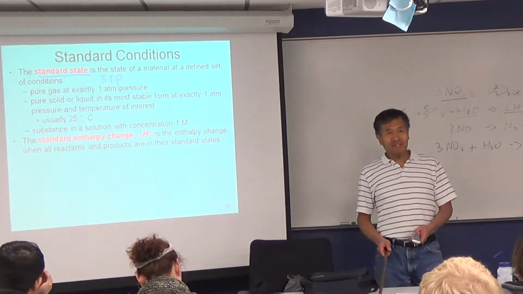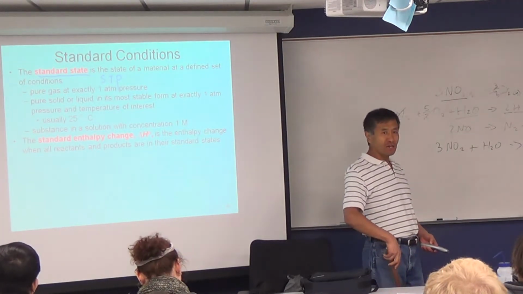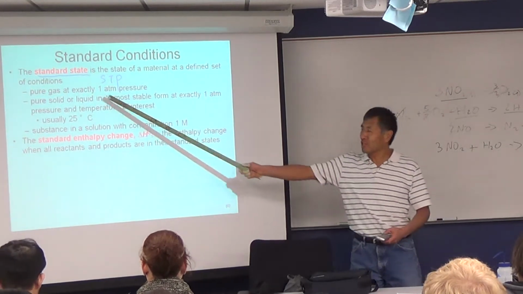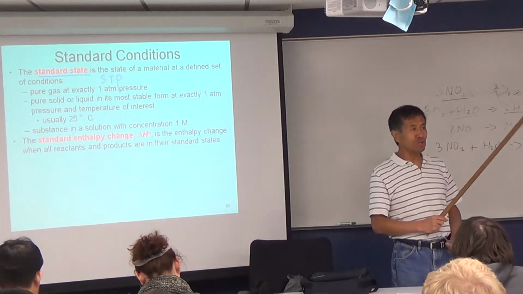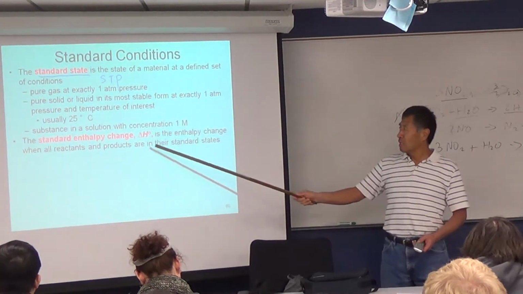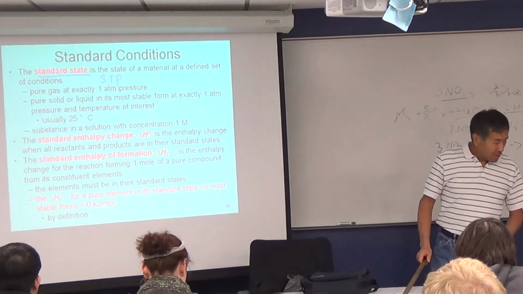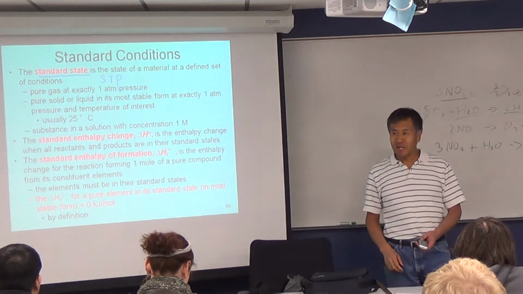Right. So that's not unusual. You still have those delta H like right here. But if the chemical reaction happens under those conditions, you give that delta H a special notation and put a naught on that. Then we are going to see some special reactions.